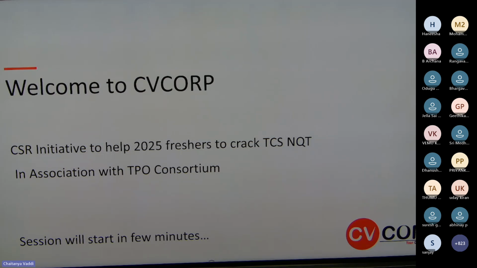Guys, just to get an idea, I want to ask you one question, maybe 2 minutes before the respective faculty comes. Do you have any idea what CV Corp is? Anyone? One person, please. Signing company, institute, maybe.